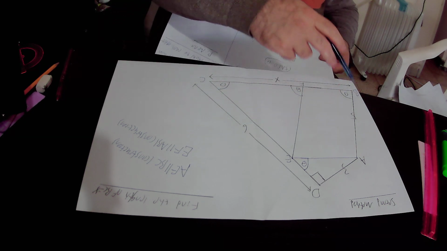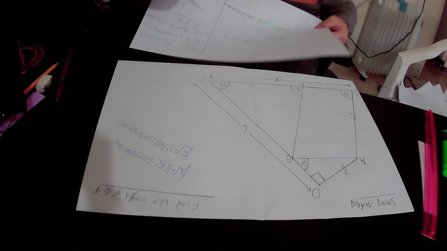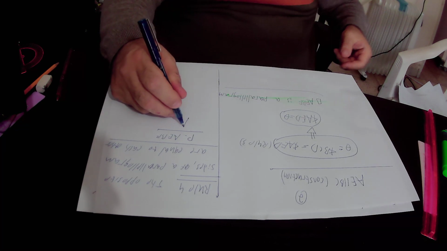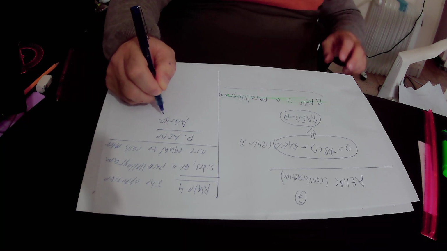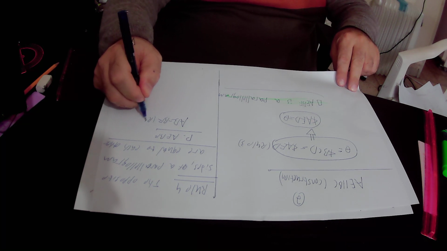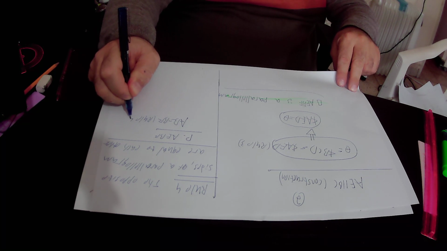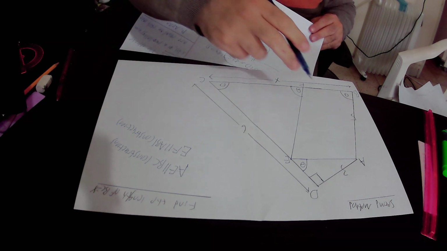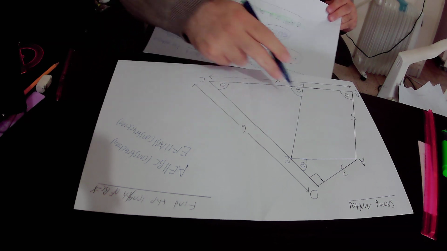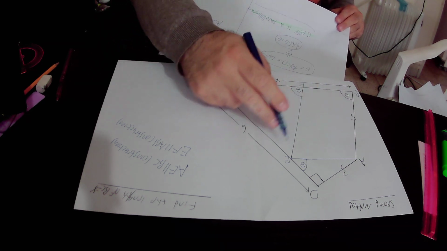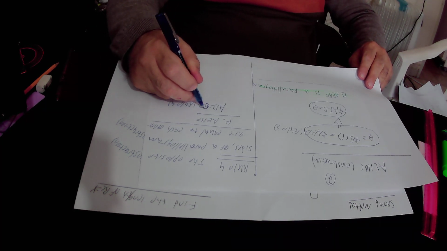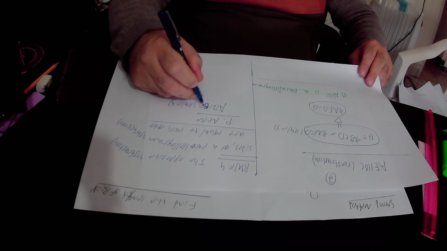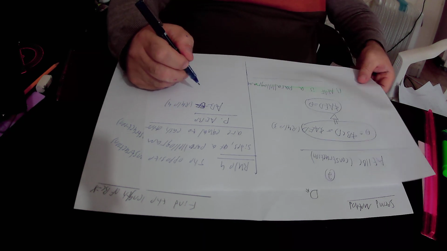That is to say, AB must be equal to EF. According to rule number 4, AB equals EF.